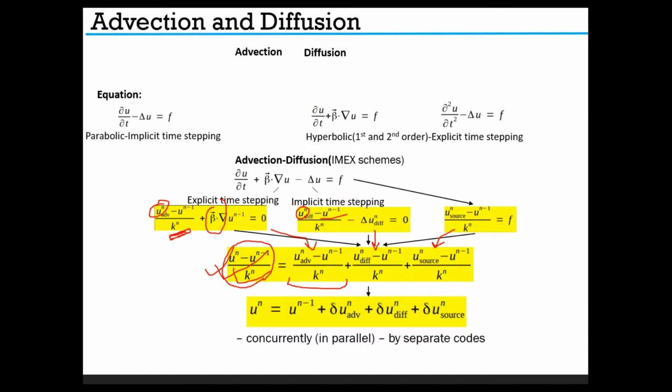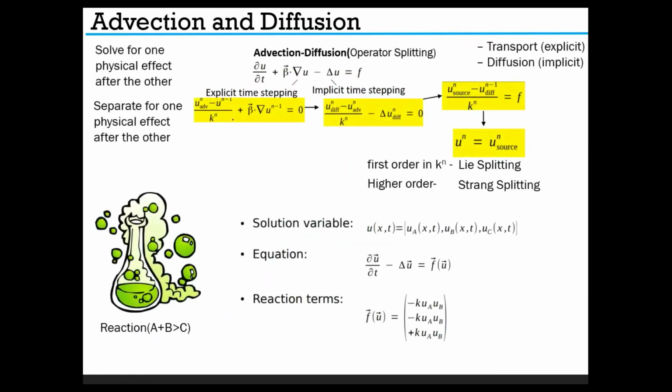And also, for operator splitting, it is possible to transport in explicit form, and it can also do the diffusion in implicit form. It treats one physical effect after the other, so during solving it can separate the terms.